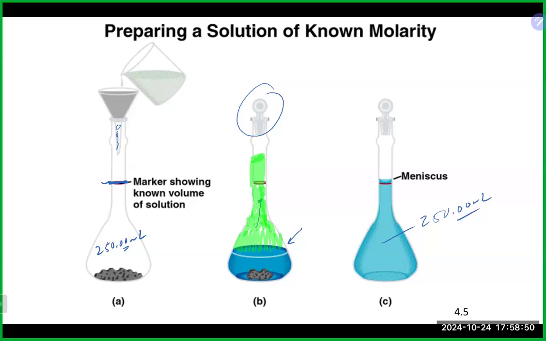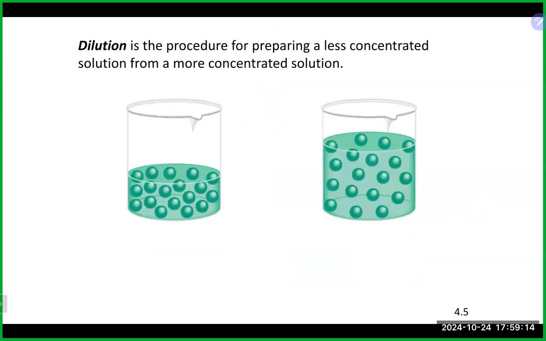Can I just pour out the top part and bring it back to the line? I cannot because I already dissolved that. There goes my solute out with the water. So you would have to dump it out technically and start again. So just a cautionary tale for later on, go super slow, and make sure you don't go over the line so you don't have to keep making the solution.